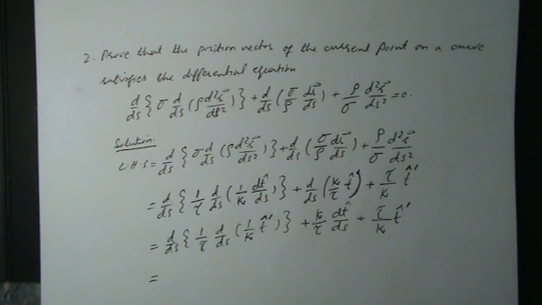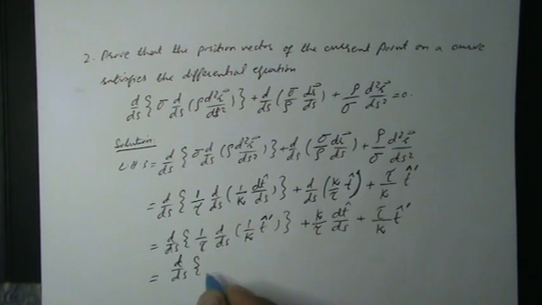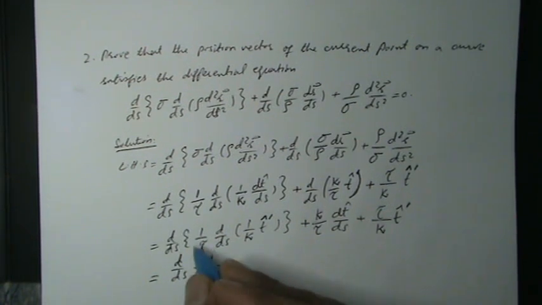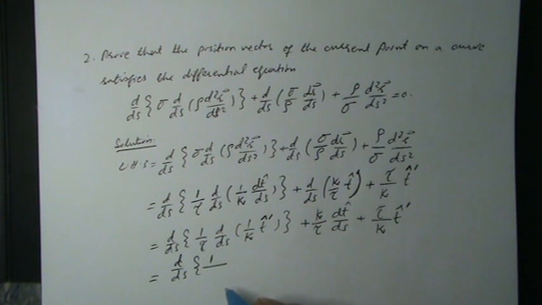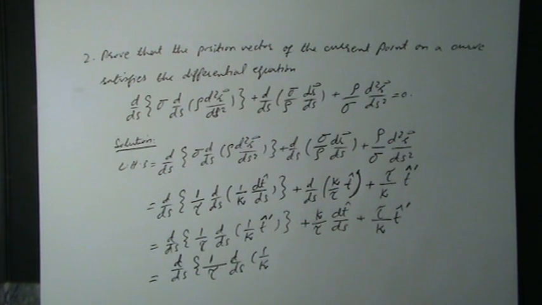This is equal to d by ds into 1 over tau d by ds 1 over kappa, using the Serret-Frenet formula.